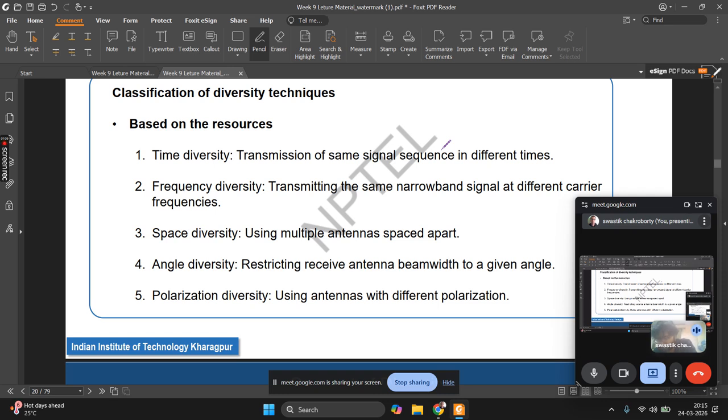And last is polarization diversity, where you do vertical polarization and then horizontal polarization for multiple waves. So they are polarized differently in space, and you expect that the amount of fading a vertically polarized wave experiences will not be the same as the amount of fading a horizontally polarized wave experiences.